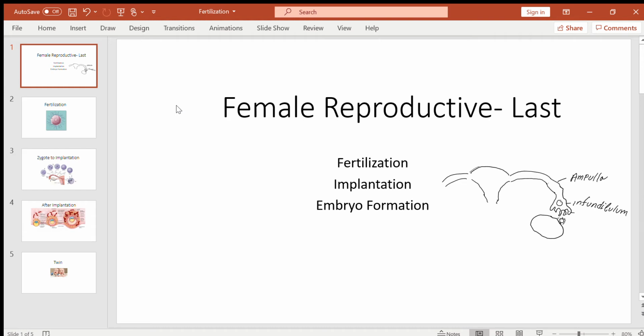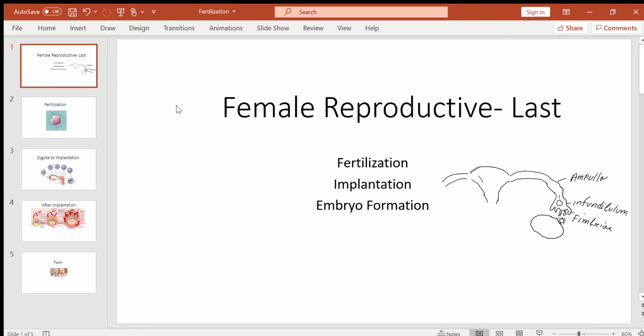These are the fingers. Finger-like structures are called fimbriae. And the infundibulum is like your palm, where the fingers are attached to the hand, and then this slightly wider area is the ampulla.